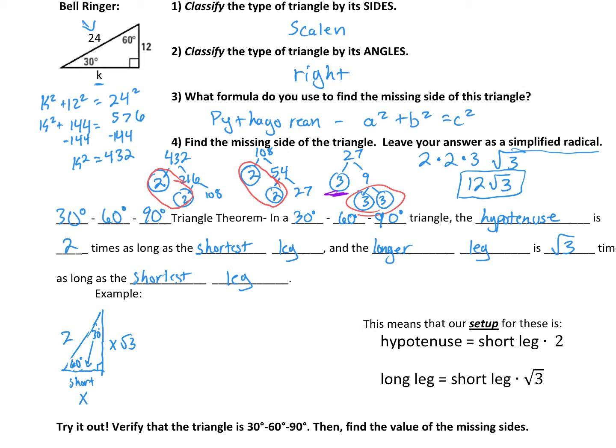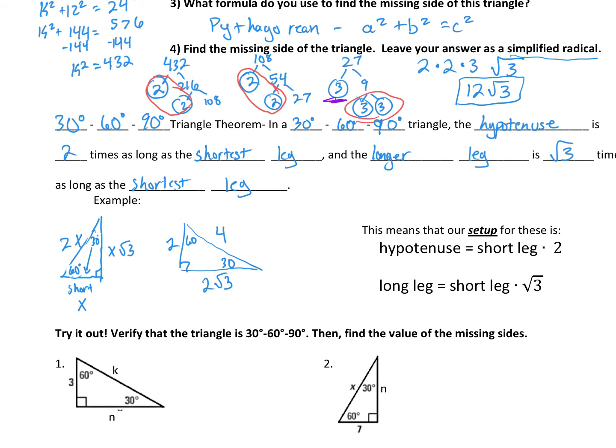So then if I gave another example, this also being a 30, 60, 90, and this one was, say, 2, well then this would be 2 root 3, and this would actually be 4, because it's twice the amount of the shortest leg.